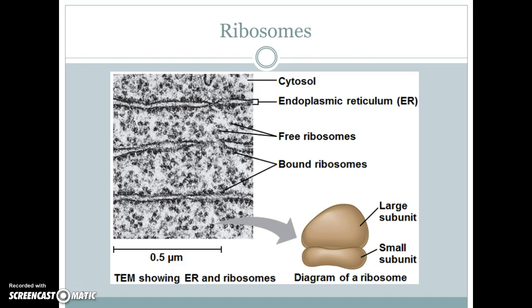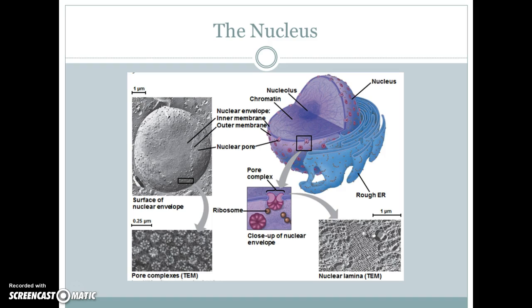They can be attached to the endoplasmic reticulum or free-floating in the cytosol. Regardless of location, both are used to make proteins, or protein synthesis. Going back here, we can see some of these ribosomes studded to the exterior of the endoplasmic reticulum.